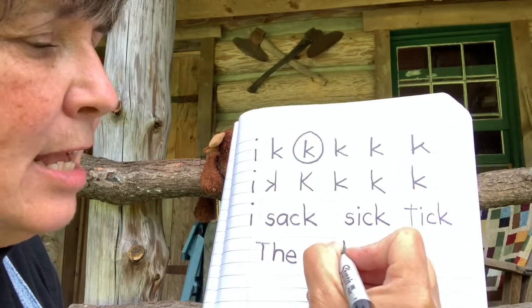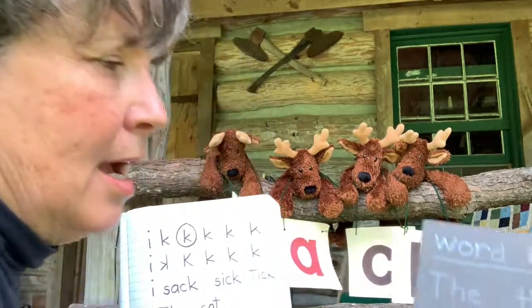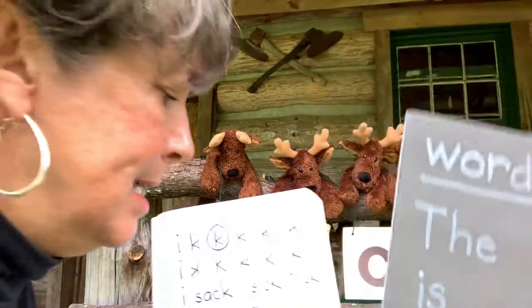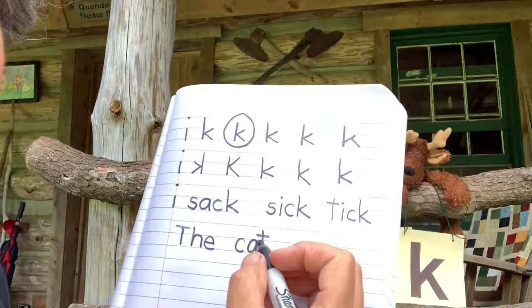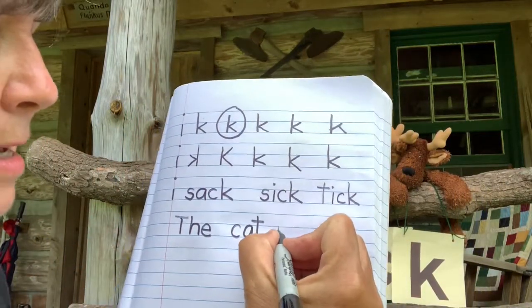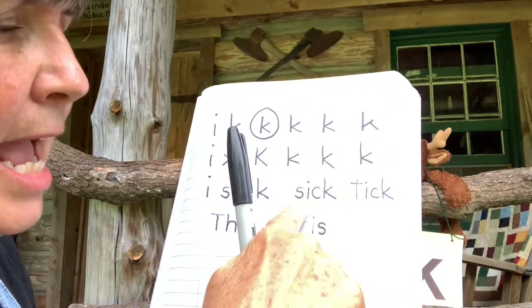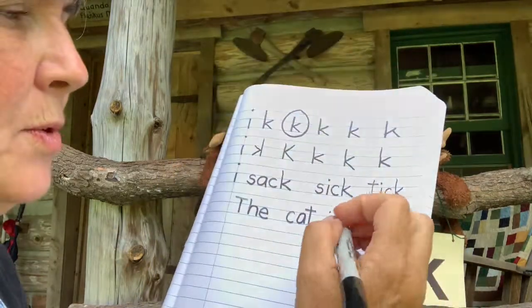T. T is an antler letter. The cat is... I need to use my word bank again. Is. I-S. You'll get that for a sight word later, but we need it today. Is. It has something called a zipper S in it. The cat is I-S. And then I can see sick right up there. It's not cheating to look up there. That's using your brain.